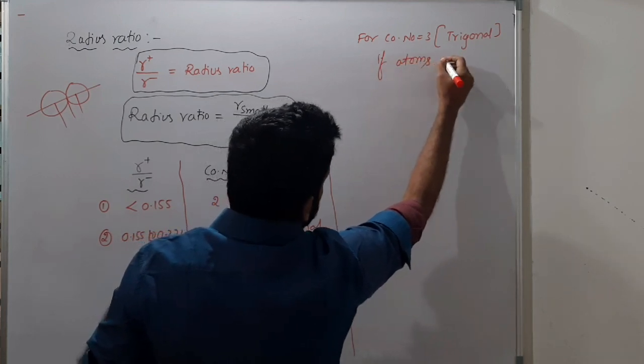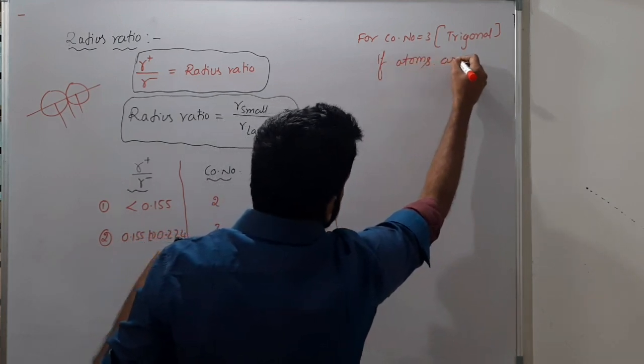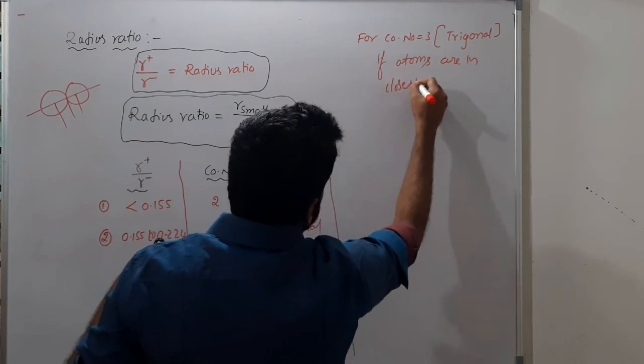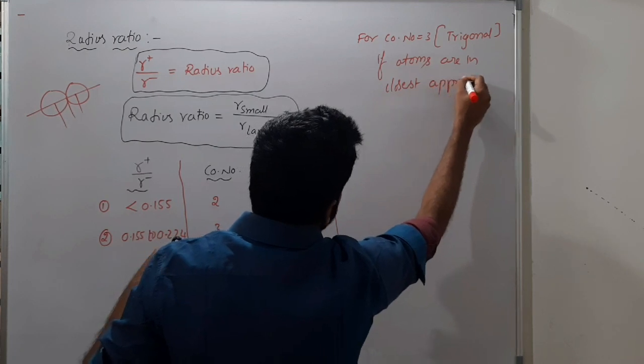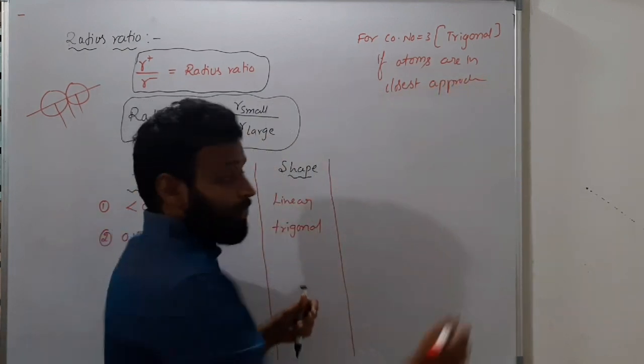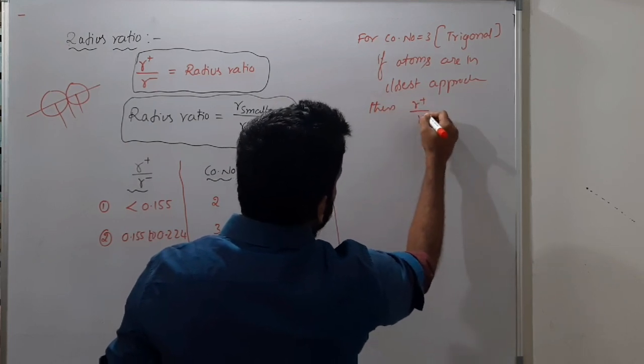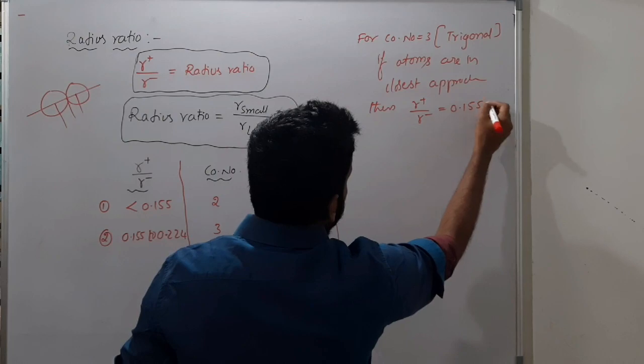For trigonal, if atoms or ions are in closest approach, then r plus by r minus is 0.155.